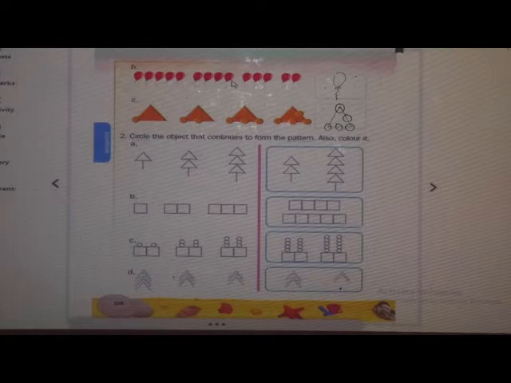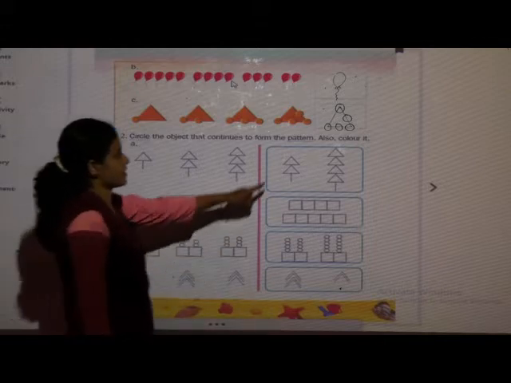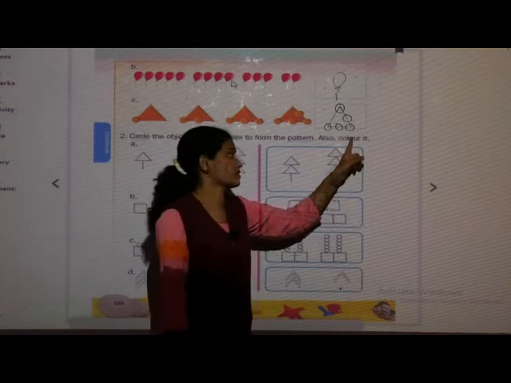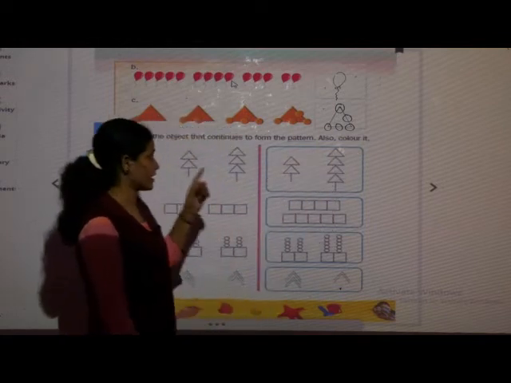Come on, draw. 1, 2, 3, 4 and 5. Do it fast, students. Okay? Yes, you also wrote the same. Those who have written this, very good. Those who have made a mistake, please correct it.